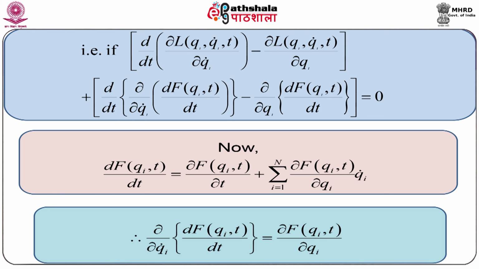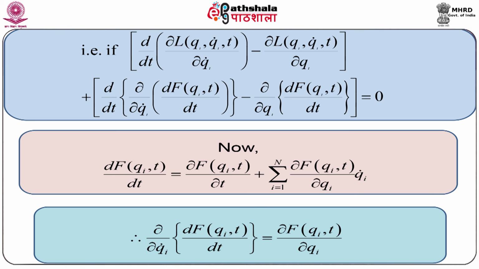Now let us check it. dF/dt is given by ∂F/∂t plus summation over i of ∂F/∂q_i into q̇_i. Here we have used the chain rule of differentiation, since capital F depends on q_i as well as time t and q_i depends on time t.